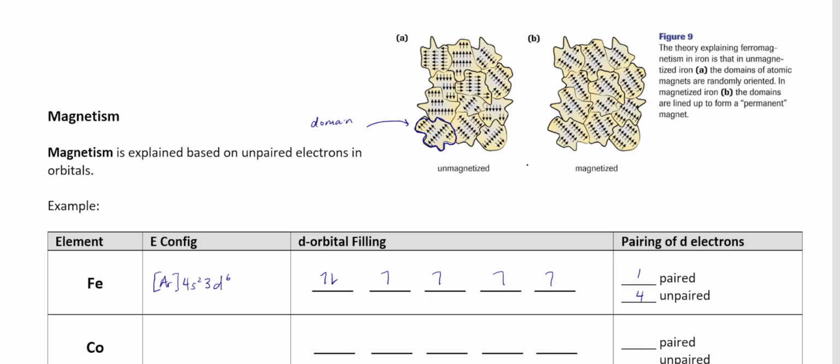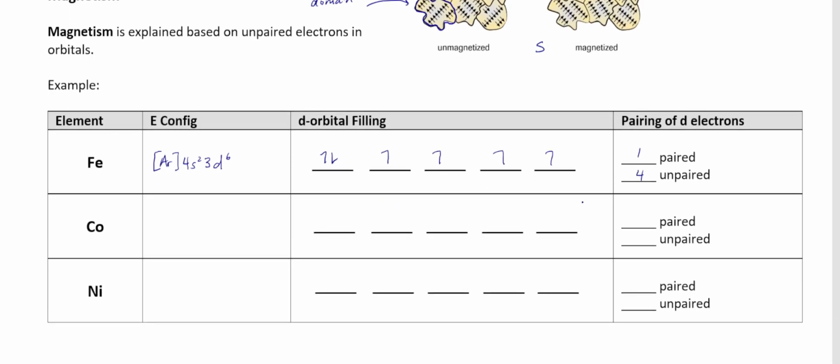But if exposed to an external magnetic field, then all the atoms can be influenced to point in the same direction, for example, all of them pointing in this direction. So this is magnetic north, and this is magnetic south, and you have some magnetic material.